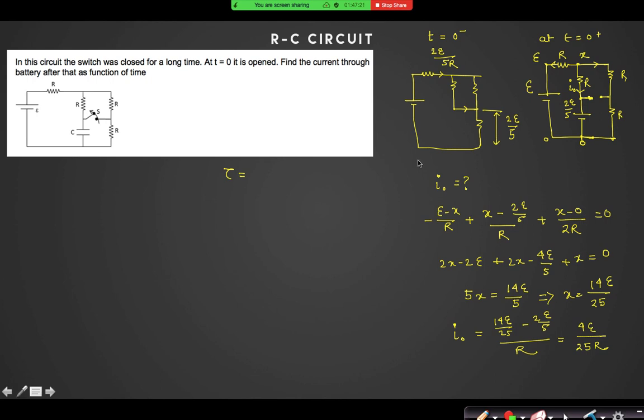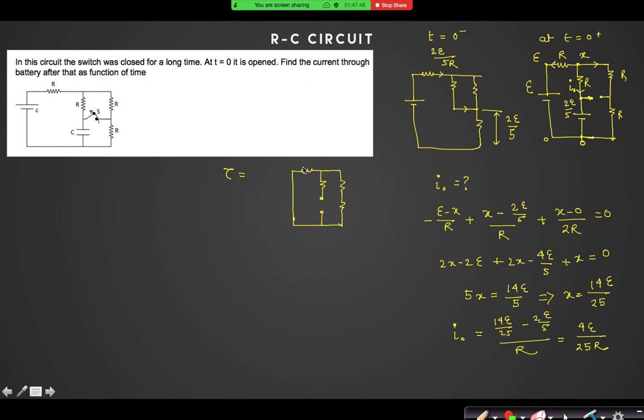Yes, across these 2 points, if I short the battery, then this is one resistance, this is another resistance, this is another resistance, and this is the other. So this 2 is 2R and R.